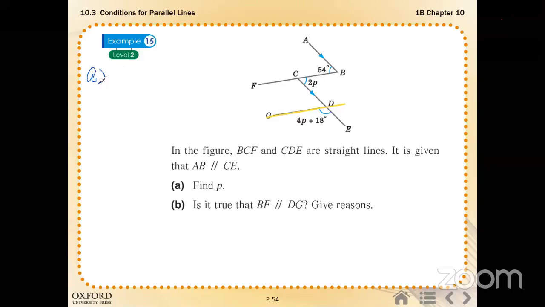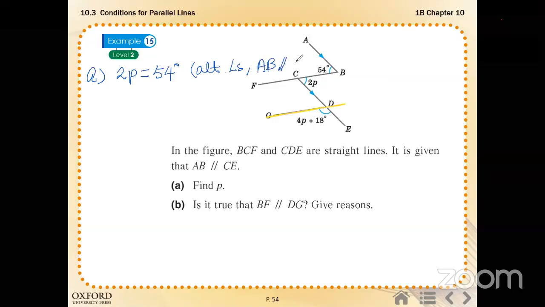Now in this case, we have to tell people 2p equals 54 degrees. Now this time, you can see that we don't know p, but we know that they are equal because they are alternate angles of parallel lines. Okay, do you know what I mean?